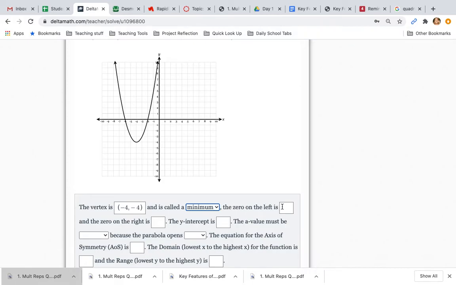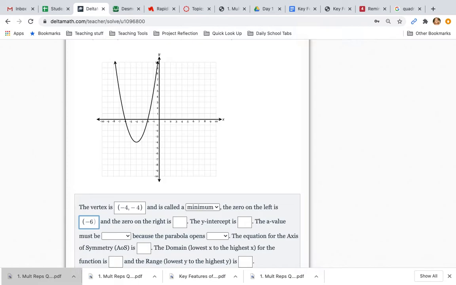And then I ask you for the 0 on the left and the 0 on the right. Remember that your 0 is synonymous with the word x-intercept from your vocabulary. The 0 on the left, and we are going to write these as ordered pairs. If you can't see that number, just remember 1, 2, 3, 4, 5, 6. So that's -6. And since it's an x-intercept, when you type in your ordered pair, make sure you put -6 in the x spot.